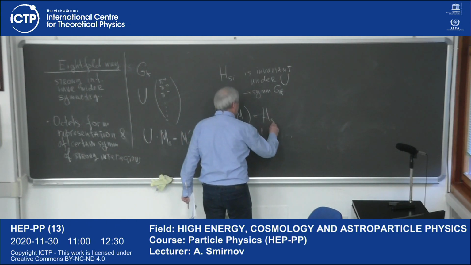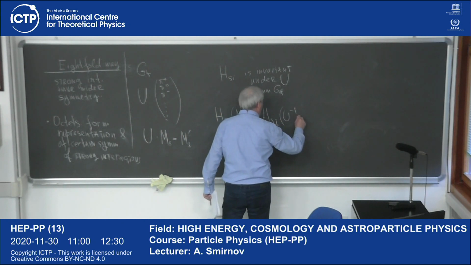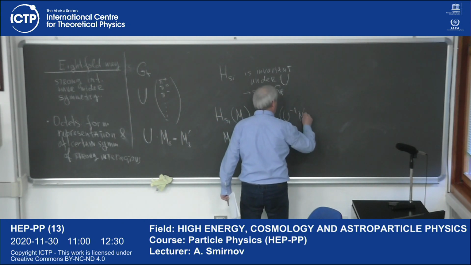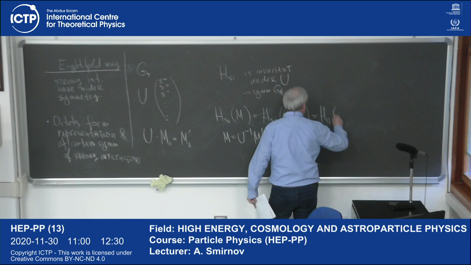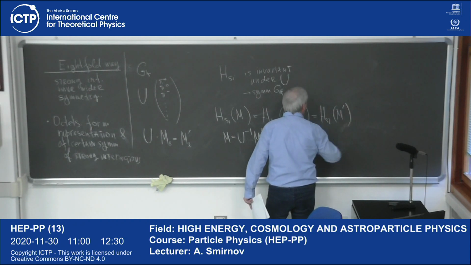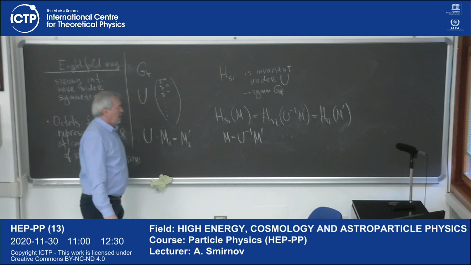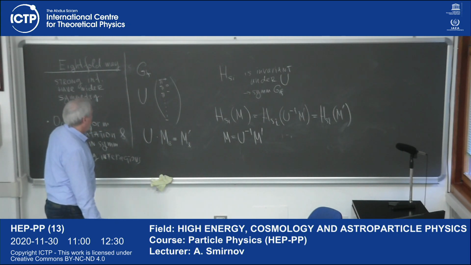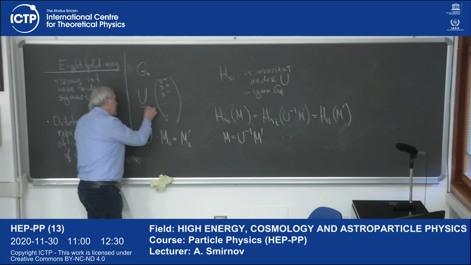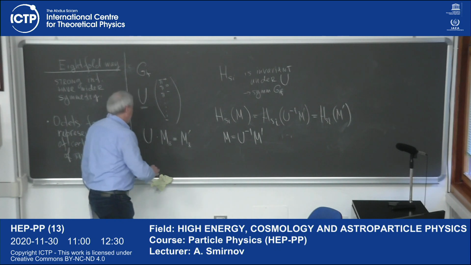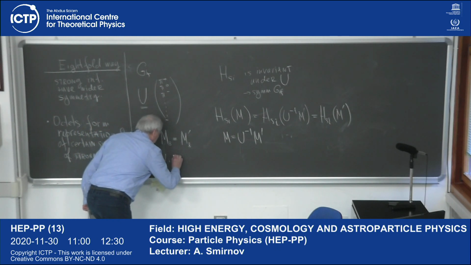Insert in this expression, so you have U minus 1 M prime, and Hamiltonian of strong interaction is invariant, which means that it has the same form in terms of M and M prime. So now this U is 8 by 8 matrix, right? Because we have 8 components. And our symmetry transformation is 8 by 8 matrix. So it's 8 by 8 complex matrix.